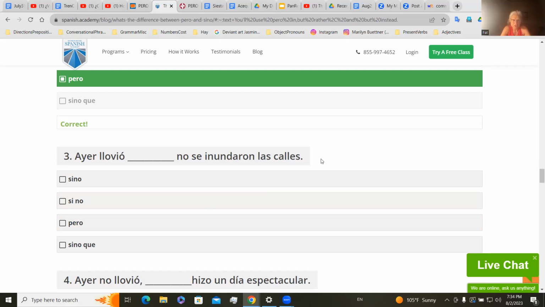No se inundaron las calles. The streets didn't flood. Another good phrase for Phoenix. Yesterday it rained, but the streets didn't flood. Two statements. Pero, let's plug that in.